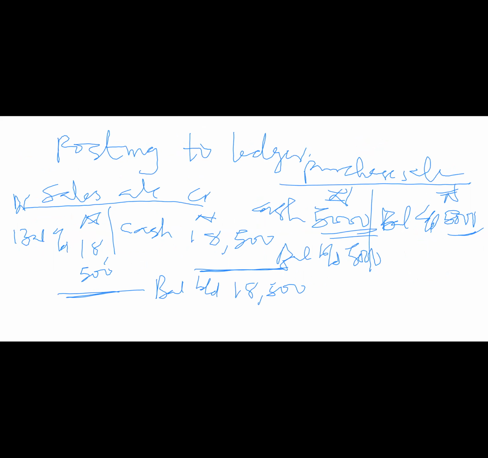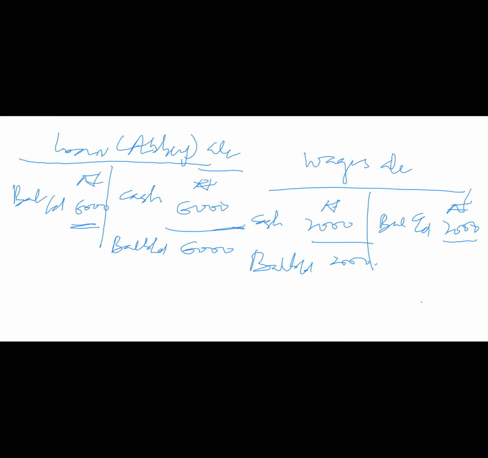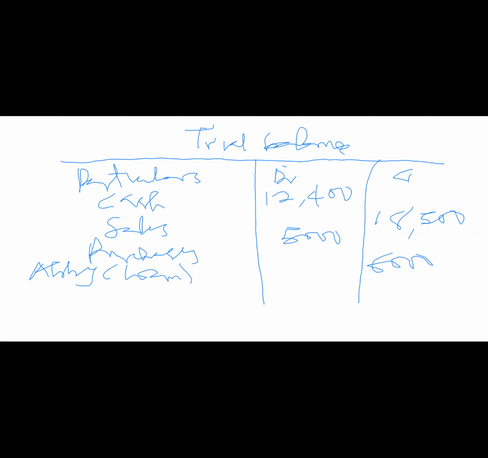Loan received from Abe is 6,000 naira, sir. 6,000 naira. Yes. I did that already. Okay, so the next one is insurance. Insurance is how much? Insurance is 1,008. Then followed by what?